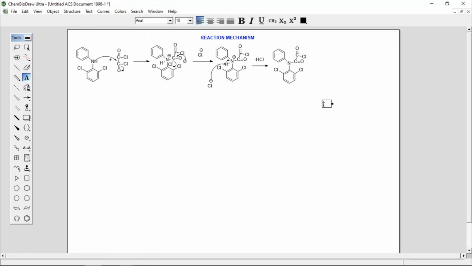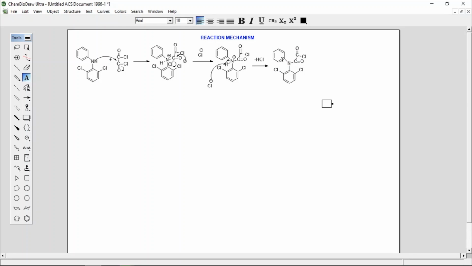Now the next step is intramolecular Friedel-Crafts acylation reaction. So this double bond of this aromatic ring will attack the carbonyl carbon because, due to this nitrogen atom, this ring will act as a nucleophile.